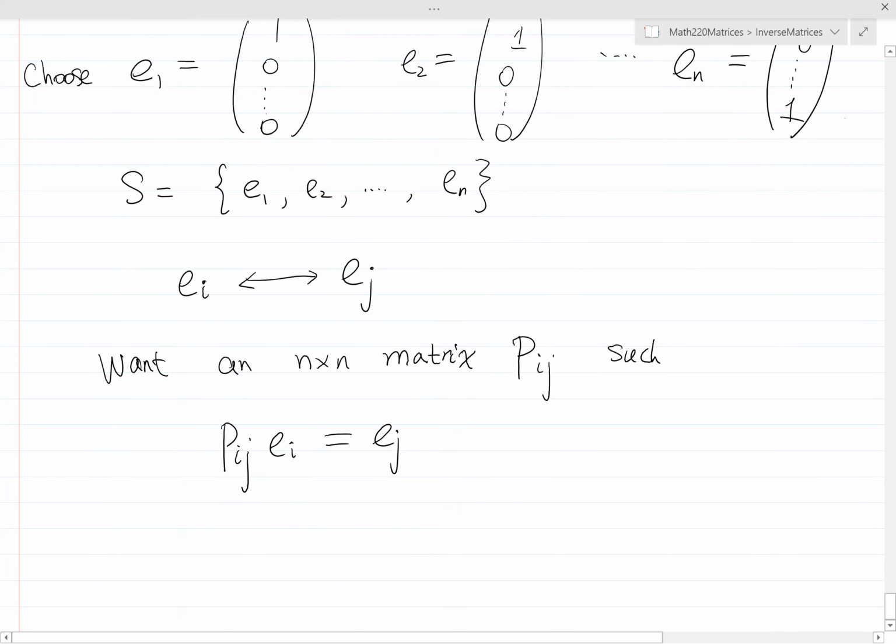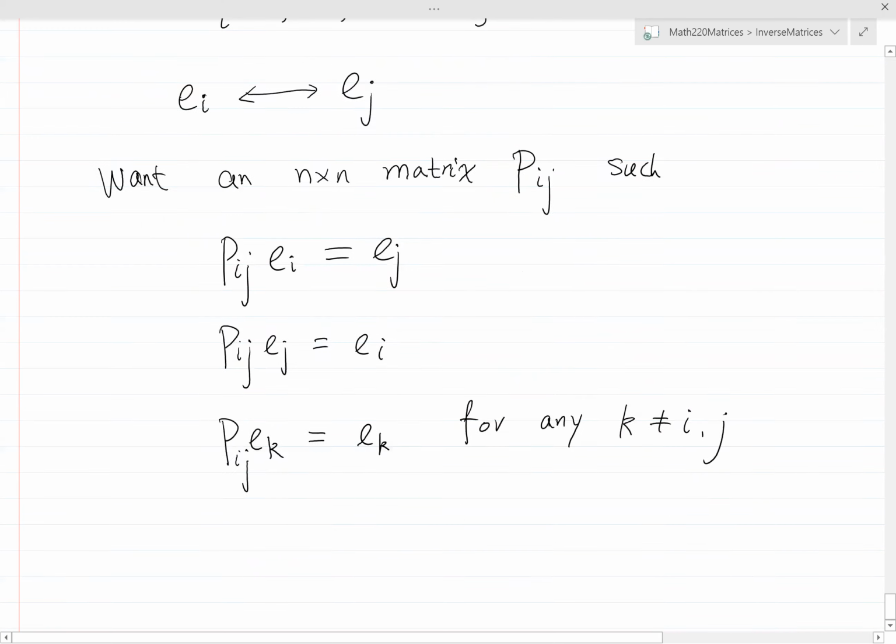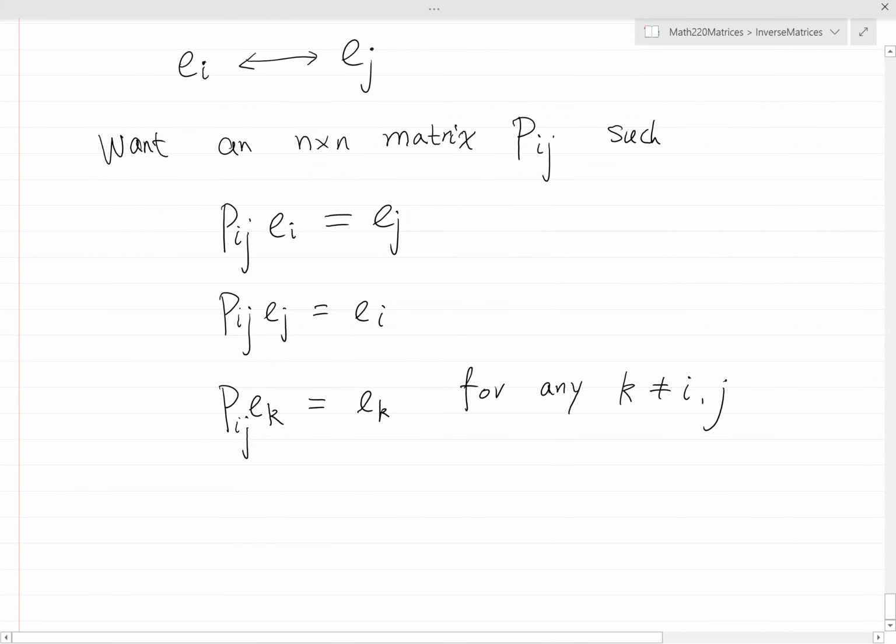If you input Ej, you get Ei. If you plug in any other basis vector Ek, you get Ek, for any k not equal to i and j. So this Pij corresponds to the transposition (i j). Plug in i, you get j. Plug in j, you get i. Plug in anything else, you get itself.